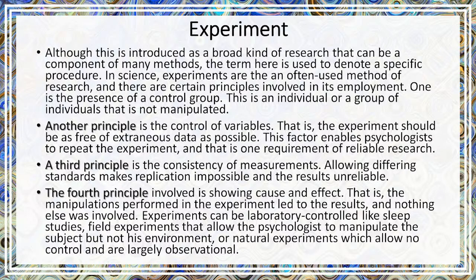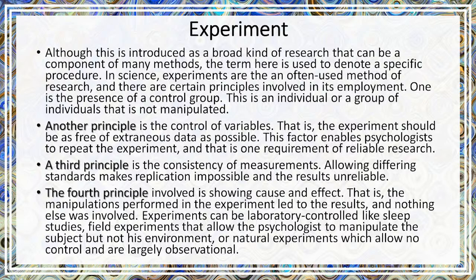One of the principles is a control group. This is an individual or a group of individuals that is not manipulated. Another principle is the control of variables. That is, the experiment should be as free of external data as possible. This factor enables psychologists to repeat the experiments, and that is one requirement for reliable research.